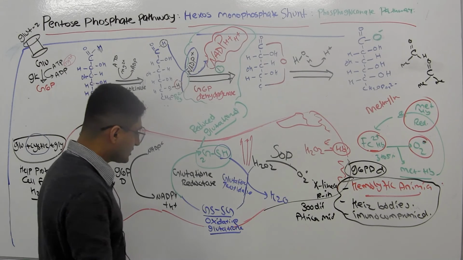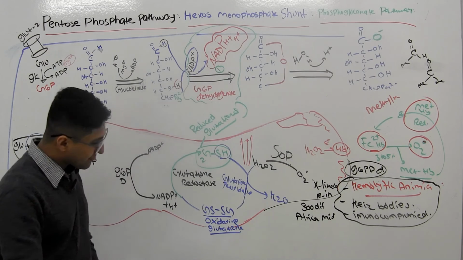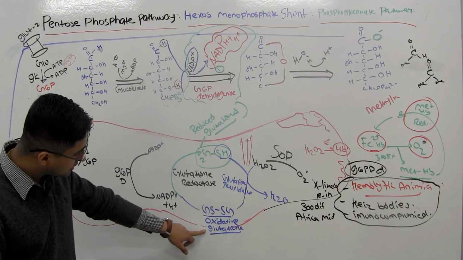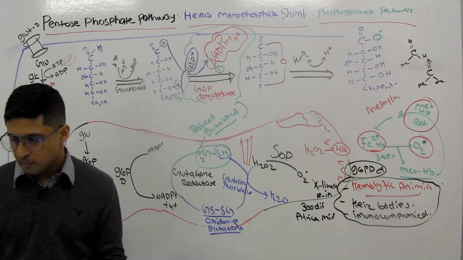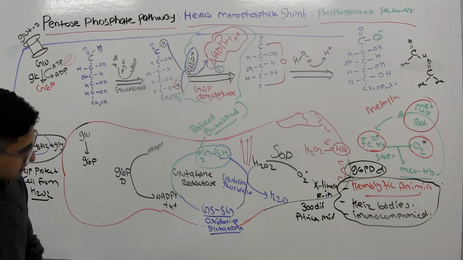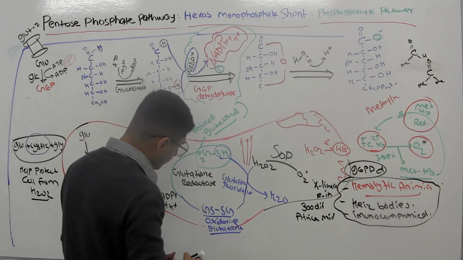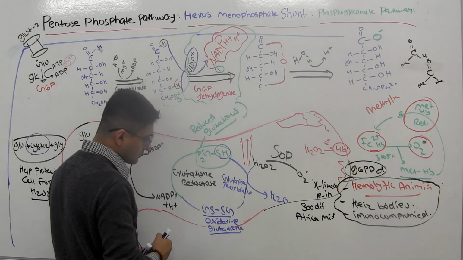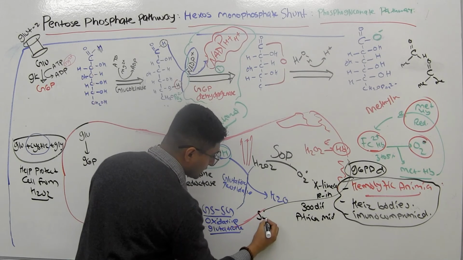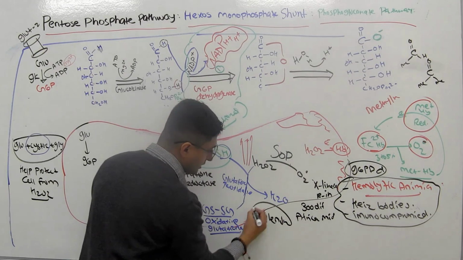All right, now one more thing that I wanted to emphasize to you guys is this oxidative glutathione. One of the things you should remember is the role of selenium. Selenium is also used here, down here.